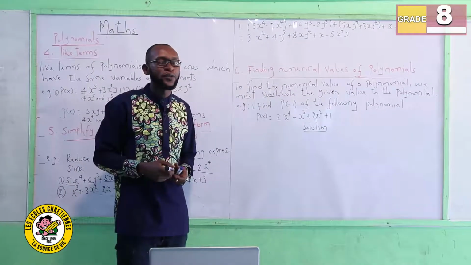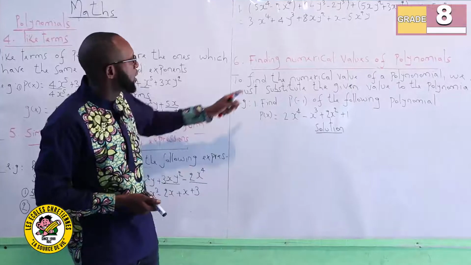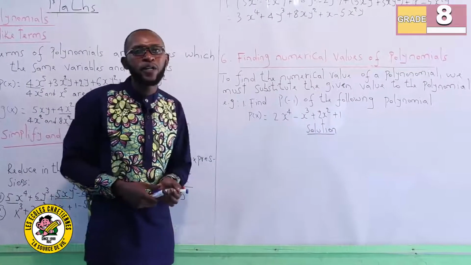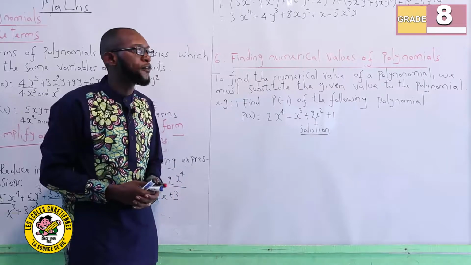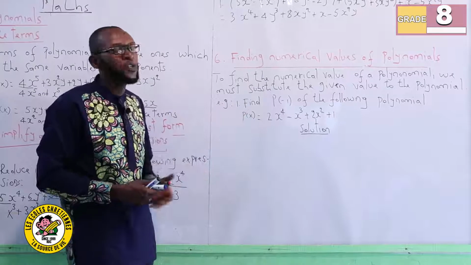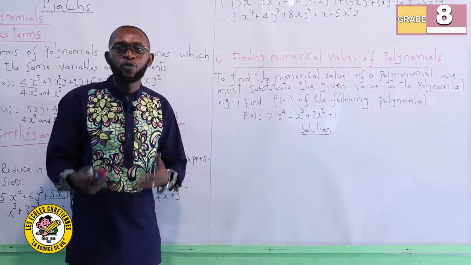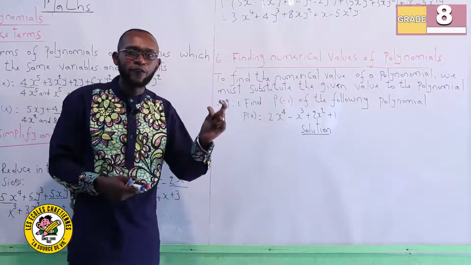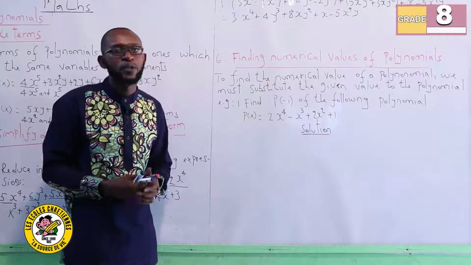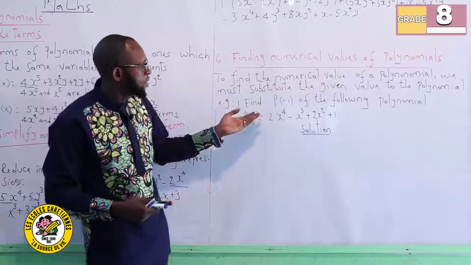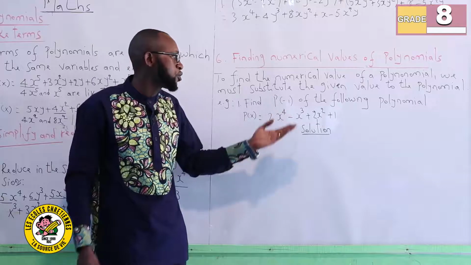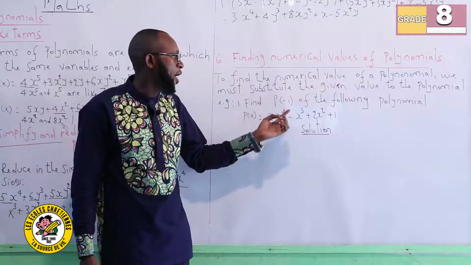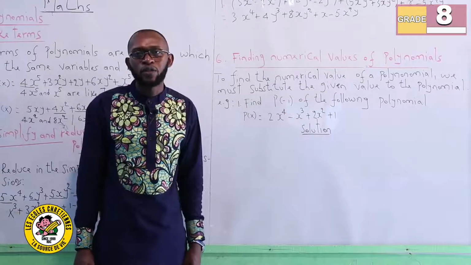Is it clear? Now we go to the last point, how you can find the numerical values of polynomials. To find the numerical value of a polynomial, you just need to substitute the value that they give you into the variable, okay? You have an example. This is a polynomial, and they want you to substitute the value of x, you put 1.